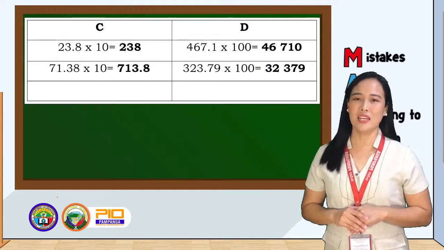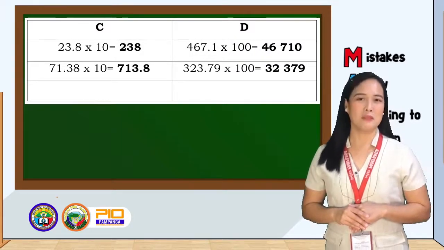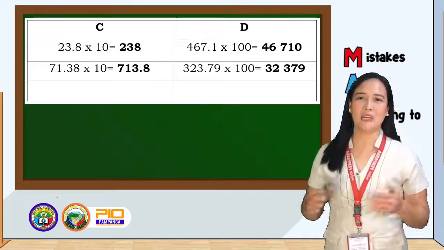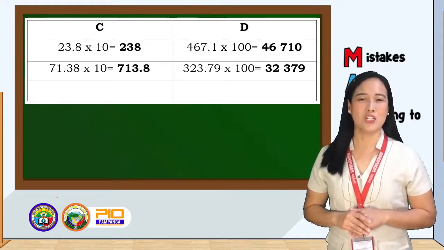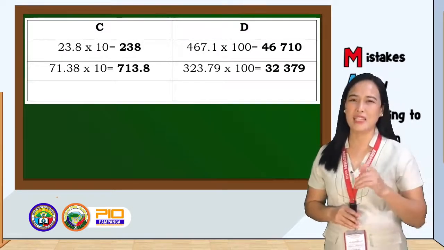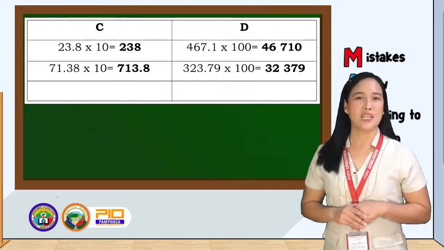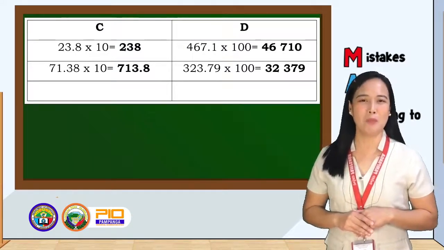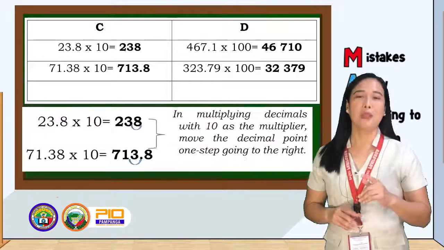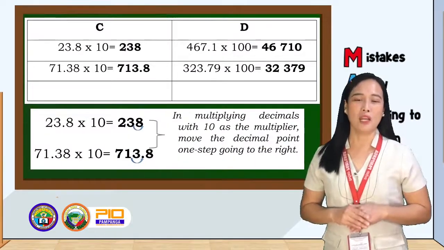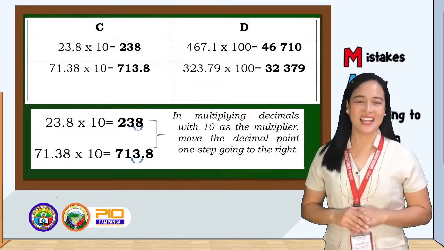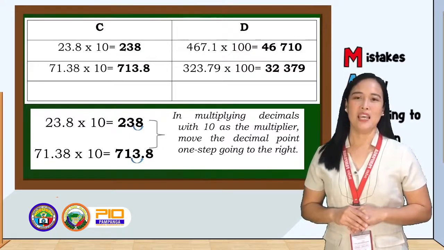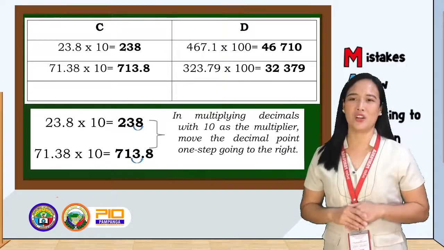In 23 and 8/10 times 10, what do you think will be the answer? Yes, it's 238. How did we get that? We simply moved the decimal point. This time, we moved the decimal point one step only, going to the right. Same as also in the second equation.